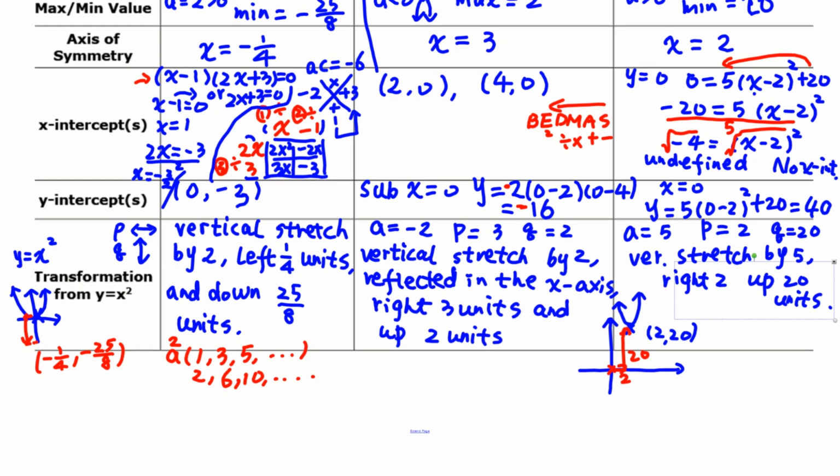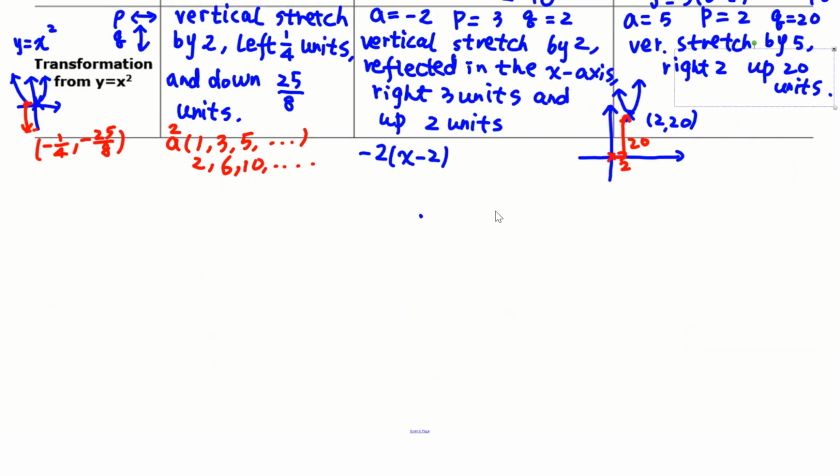So I will write down here: if you want standard form of -2(x minus 2)(x minus 4), you just expand it. x times each term in the second bracket gives x squared minus 4x, then -2 times each term in the second bracket gives minus 2x plus 8.